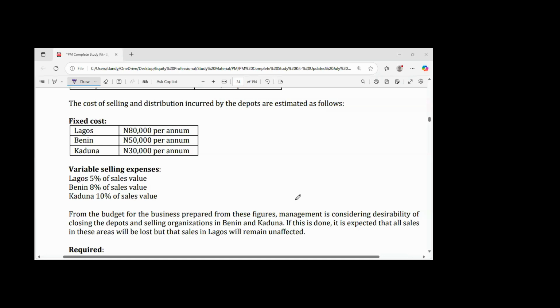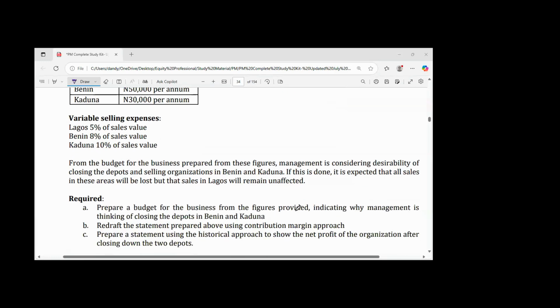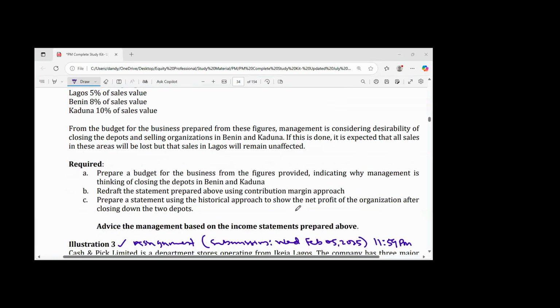If this is done, it is expected that all sales in these areas will be lost, but that sales in Lagos will remain unaffected. Required: A. Prepare a budget for the business from the figures provided, indicating why management is thinking of closing the depots in Benin and Kaduna.